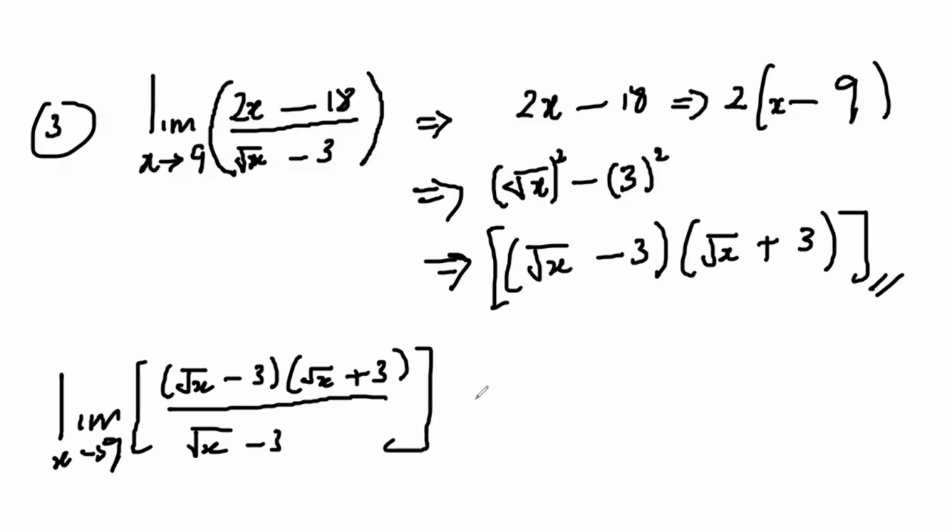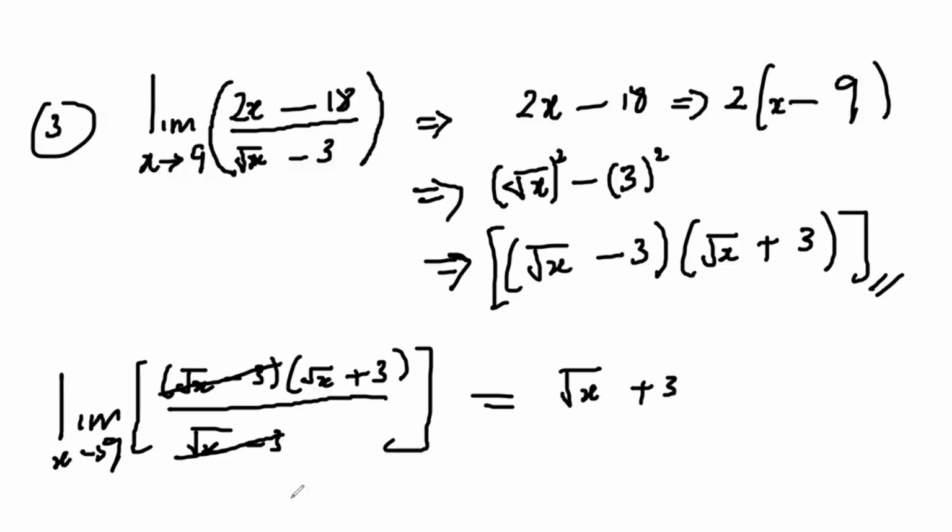So I close my square bracket. If you look at it clearly, you discover that I have the root of x minus 3 at the top, and I also have the root of x minus 3 below. So I just strike those out, and we're left with the root of x plus 3.